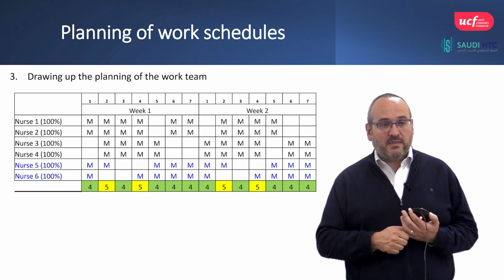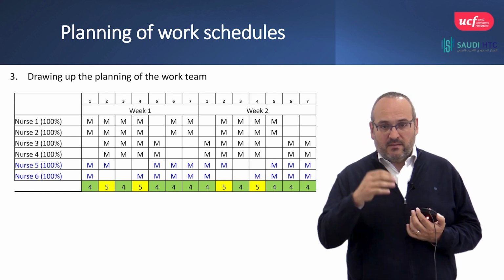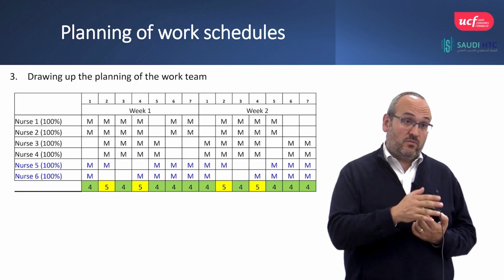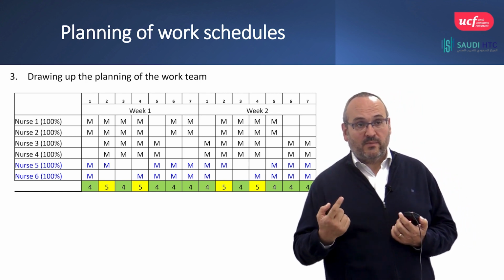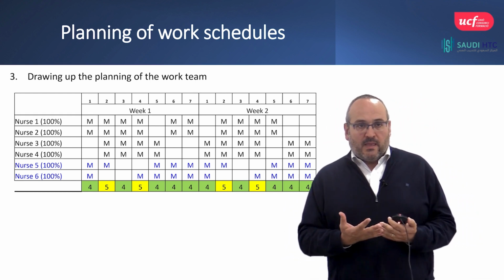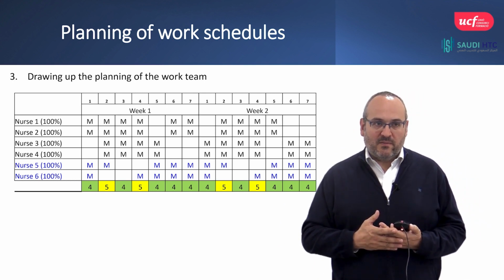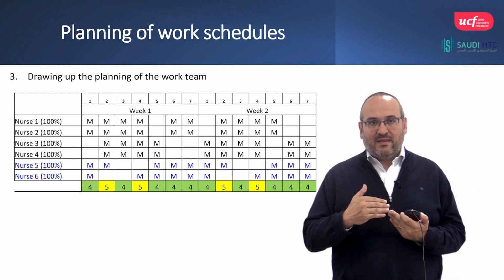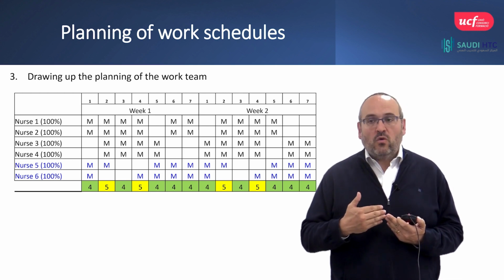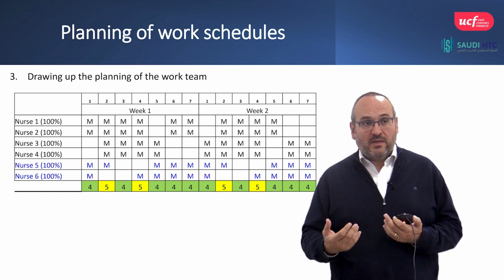This is a situation that a nurse manager must be able to take advantage of. Why? Well, to take advantage of those days in which there is a surplus of personnel to carry out those activities that require a reinforcement of personnel, or, for example, to free up some professionals in this unit to be able to carry out scientific activities, methodological work, control of quality, indicators, etc. We can also use these surpluses to cover incidences or planned absences that may occur in that unit or in another unit of the hospital.